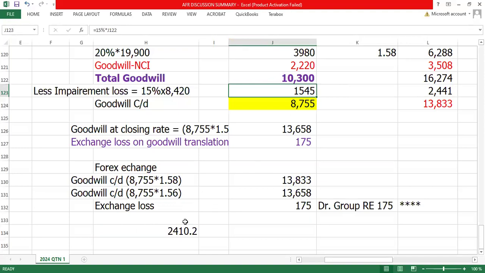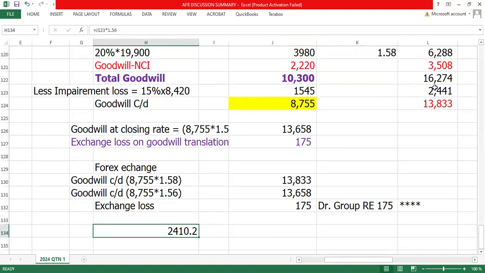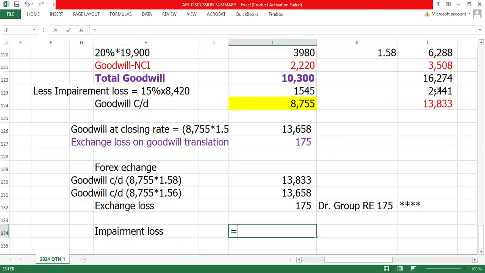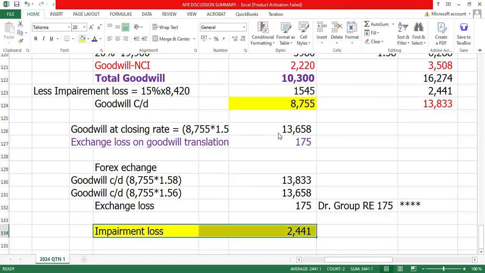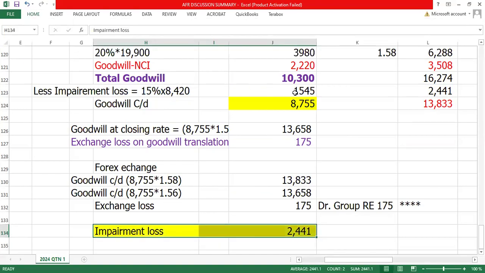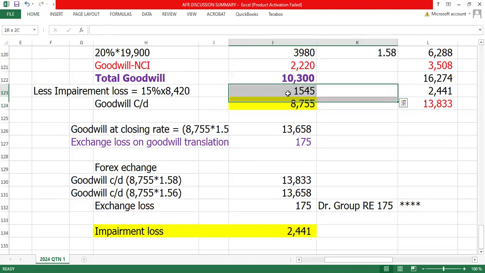If you use this one, then you multiply by this. All of you almost get the same answer. So here the impairment loss is this one. If you use this approach, you simply get this times the exchange rate.